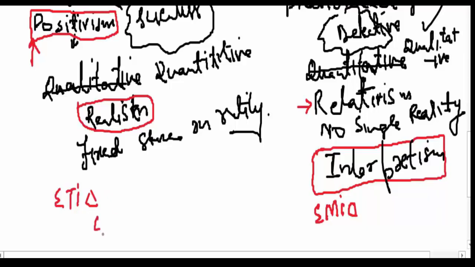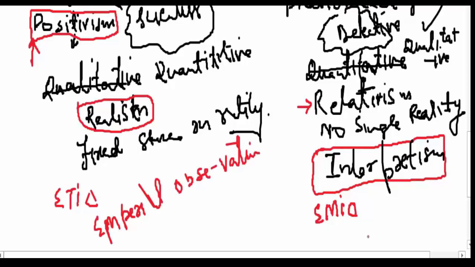So we have here empirical observation, where the knowledge is based on empirical observation, and here we can say the reality or the knowledge is co-constructed. Reality is co-constructed.